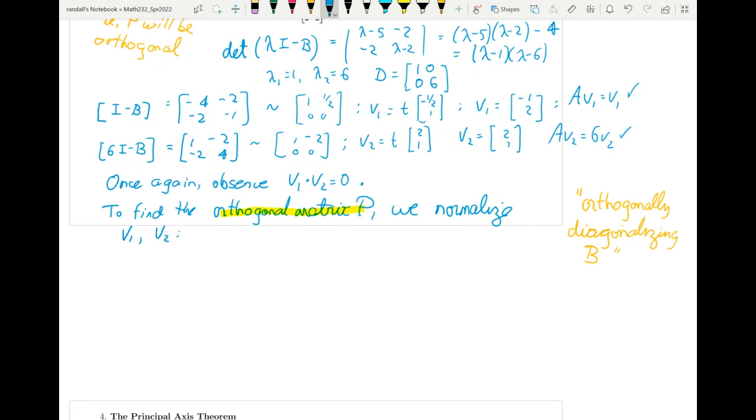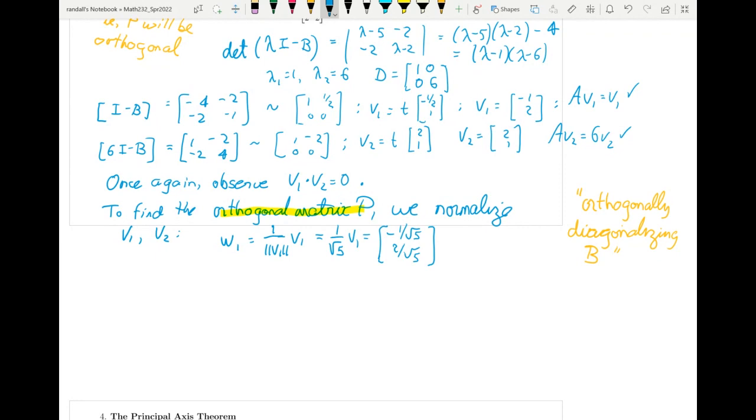So my W1, let's call it, it's very easy to normalize a vector: you take the vector V1 and you divide it by its norm. In this case, it's 1 over root 5. Remember V1 was that one up there, so it's going to be minus 1 over root 5, 2 over root 5. That's the eigenvector I want from my eigenspace corresponding to lambda 1.